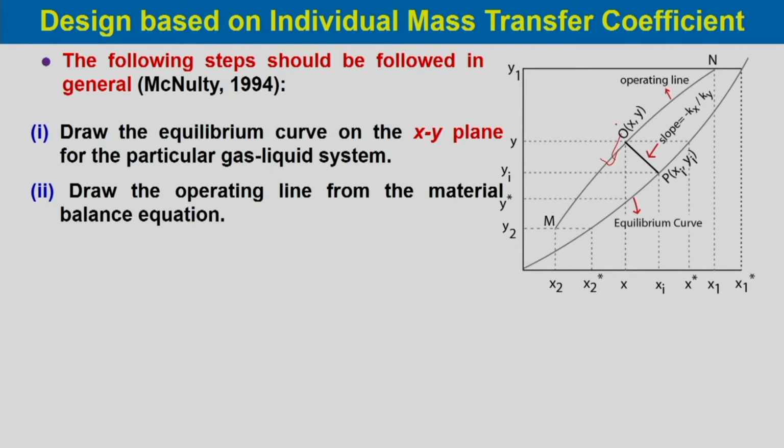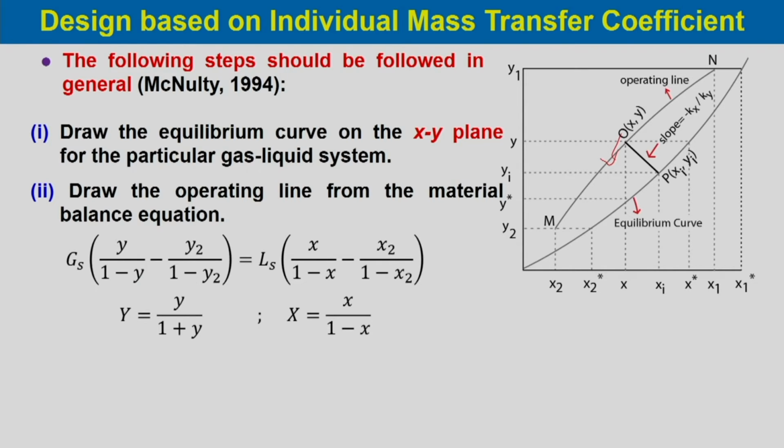Gs into y by 1 minus y minus y2 by 1 minus y2 would be equal to Ls into x by 1 minus x minus x2 by 1 minus x2, and here small y and capital Y, as we have already discussed, this is the relation.